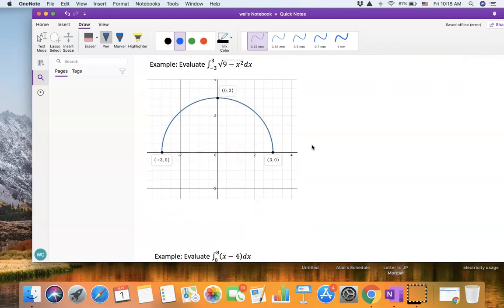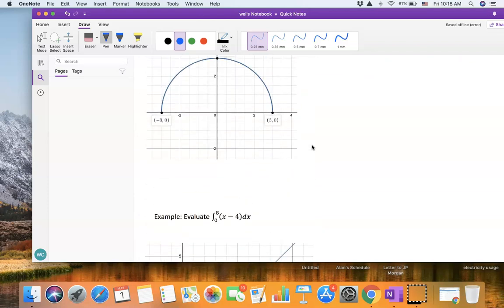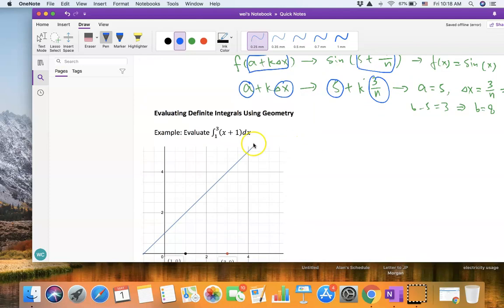So here I will show you some examples like that. Let's look at the first problem. We want to evaluate this definite integral from 1 to 3 of x plus 1 dx.